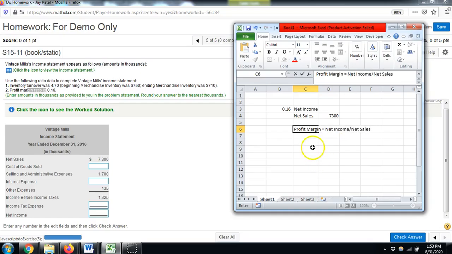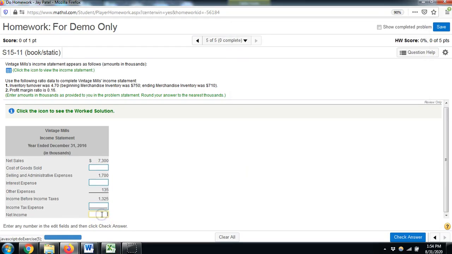So just using our knowledge of rearranging terms in an equation, if we multiply net sales by both sides of this, we get net income equals net sales times the profit margin. So we can calculate net income by basically taking our net sales and multiplying by this factor. So our net income is 1,168 based on this ratio.